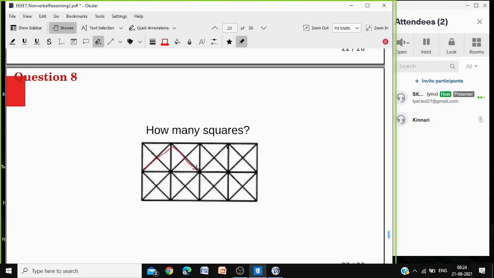When we take this square, it is divided into 4 parts, so we will have 5, right? When you take this square, you will also have 5, but this square you have already counted, so you can't be counting it again. This square you will be counting twice, so you have to subtract that. Let us see.